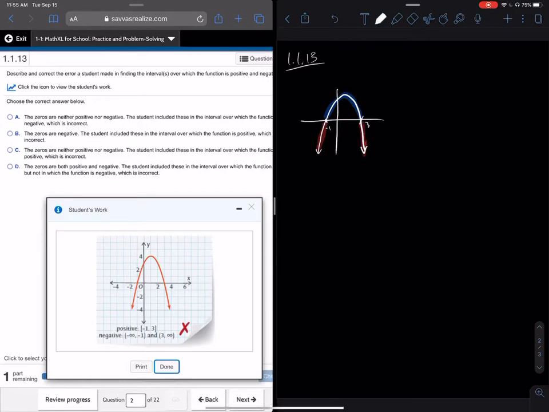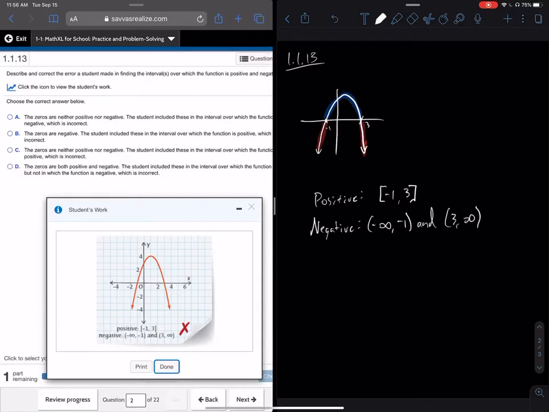The student states that positive is from -1 to 3 with closed brackets, and they're stating that it's negative from -infinity to -1, and then again from 3 to infinity.